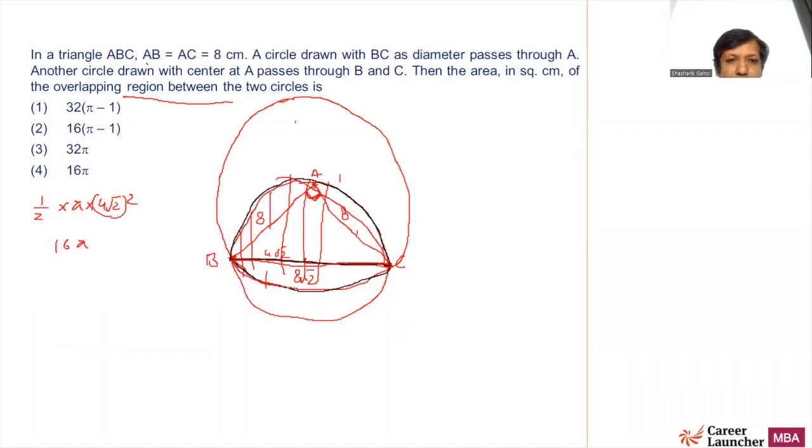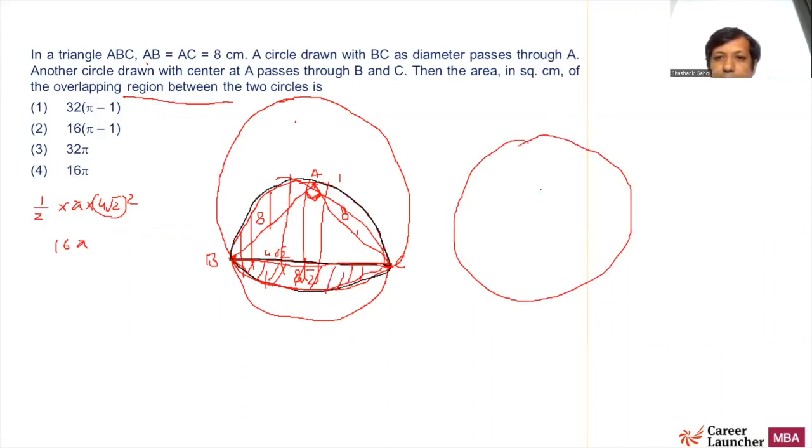Now I'm looking for this area. That is a sector of the other circle. Sorry, not the sector. So to calculate such areas, I'm going to draw the circle again. Another one. This is the center A. This is your BC. And I want to find out this area.